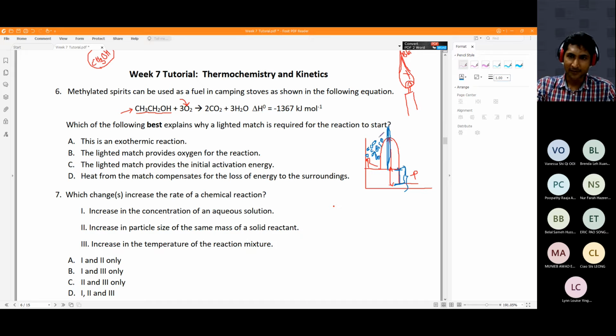But when these molecules are colliding, we are not getting any heat out of it. The heat is released only when they are forming the bond. So this is an interesting thing. When they are colliding and supposed to have more heat, we are not getting heat, we have to provide more heat. But when they form bonds and become quiet, then we are getting the heat out of it.